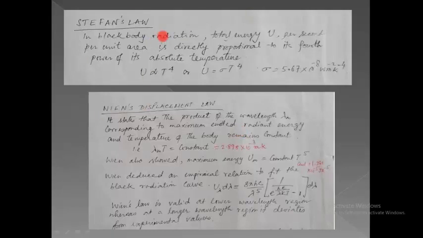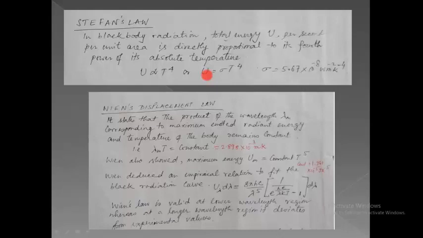Now this has a wide application. Say, for example, you want to find out the temperature of the sun, right? And you somehow calculate the energy given by the sun, converted per unit area, per unit time, or per second, and then you just measure the energy density. So you have the energy from the sun per unit area, per unit time.